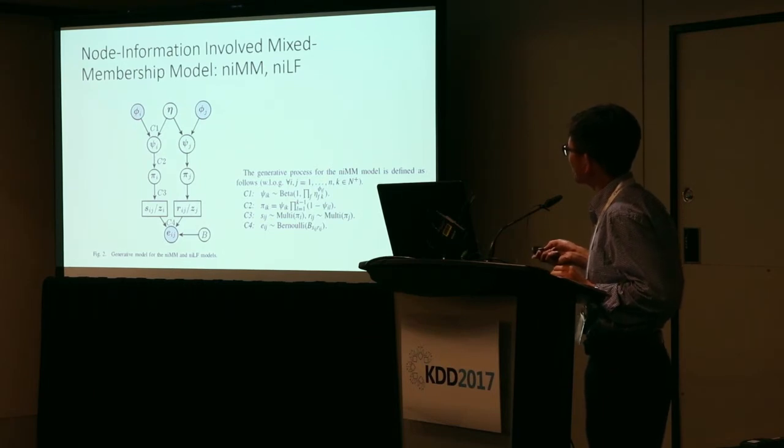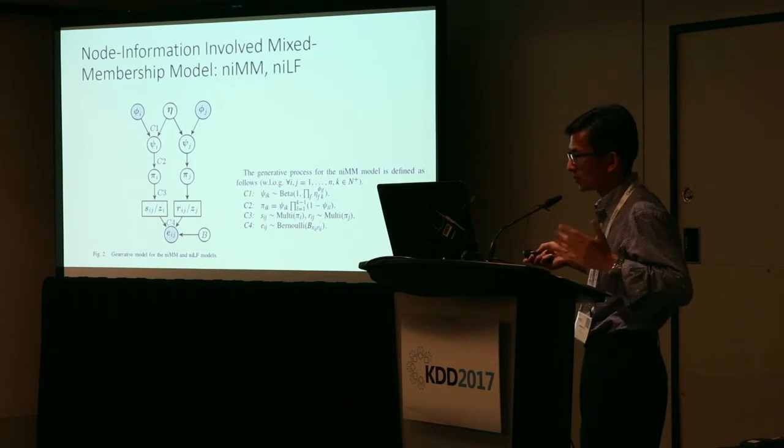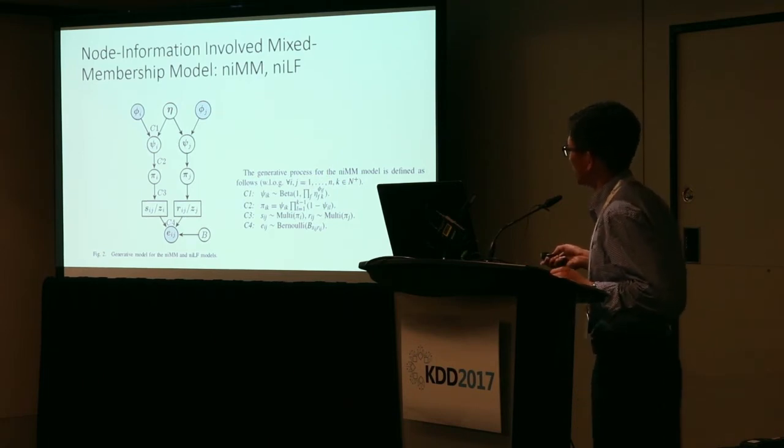So that's one thing. The second thing is that we incorporate a zeta function to replace the gamma, the one parameter Dirichlet process. And the role of this one is to help the stick breaking construction.